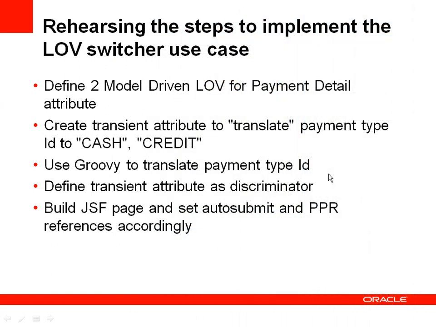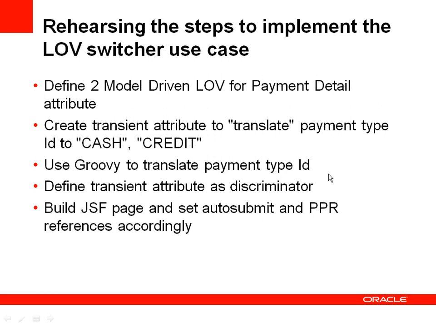So let's rehearse what we did. We created two lists of values for the payment detail attribute, and these lists of values are switched between. For this, we created a transient attribute that holds the values cash or credit at runtime, and this transient attribute is used as an LOV switcher to tell the business components framework which LOV data to query and to show in the list of value when the list of value button is hit.